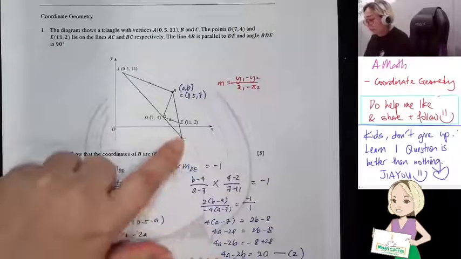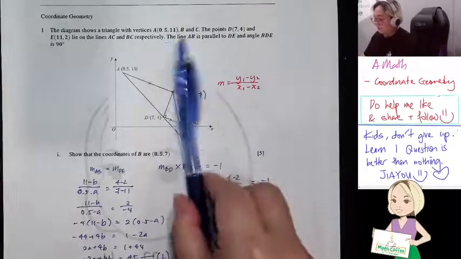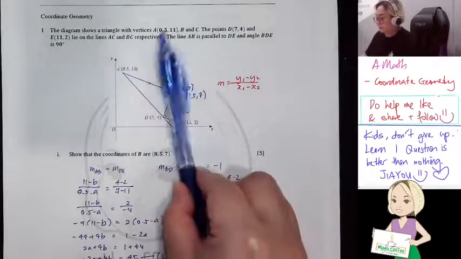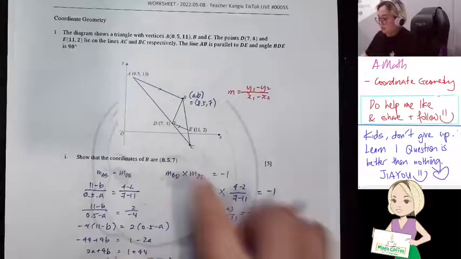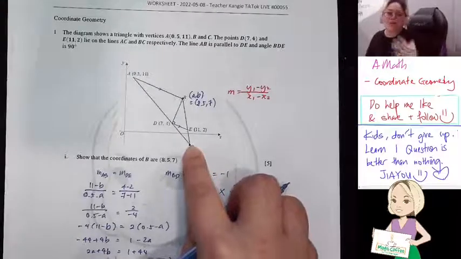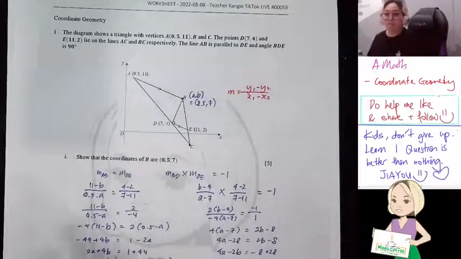So you look at this point C. Do you agree that it's actually the intersection point of these two lines, BC and AC? These two lines, if you extend, point C is the intersection point. And when we talk about intersection point, what does that mean? It means that I just need to do simultaneous of the two lines and I can find point C.